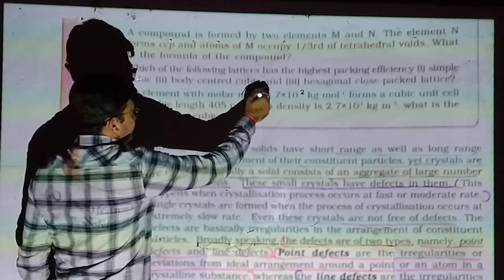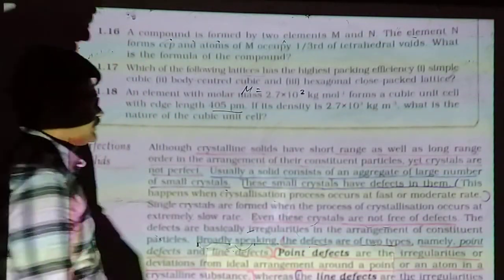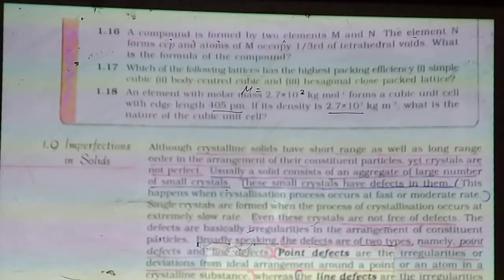Molar mass is given, edge length is given, density is given. So what is the nature of the cubic unit cell? The cubic unit cell should be primitive, BCC or FCC.